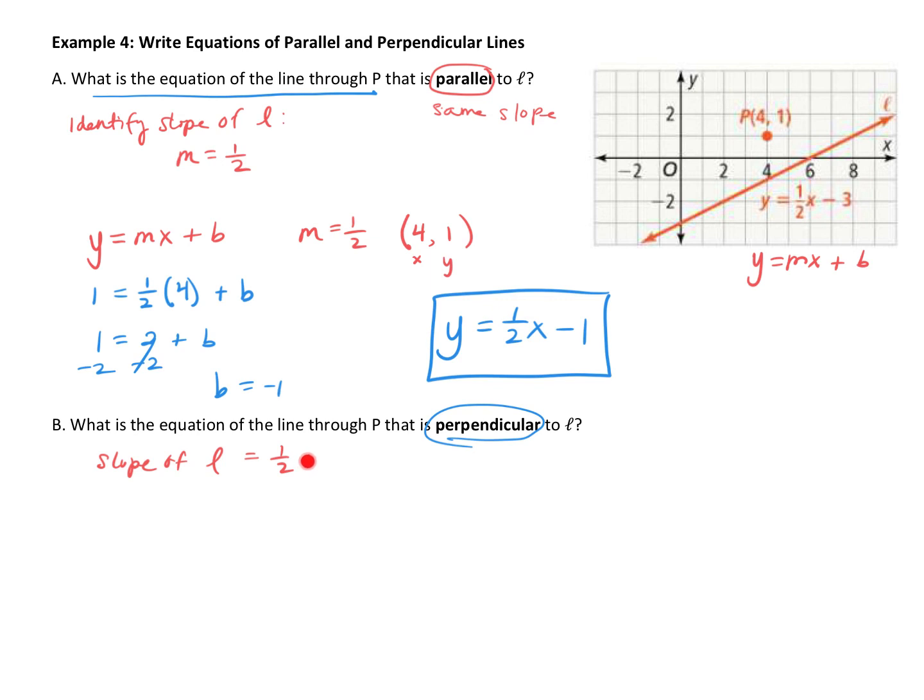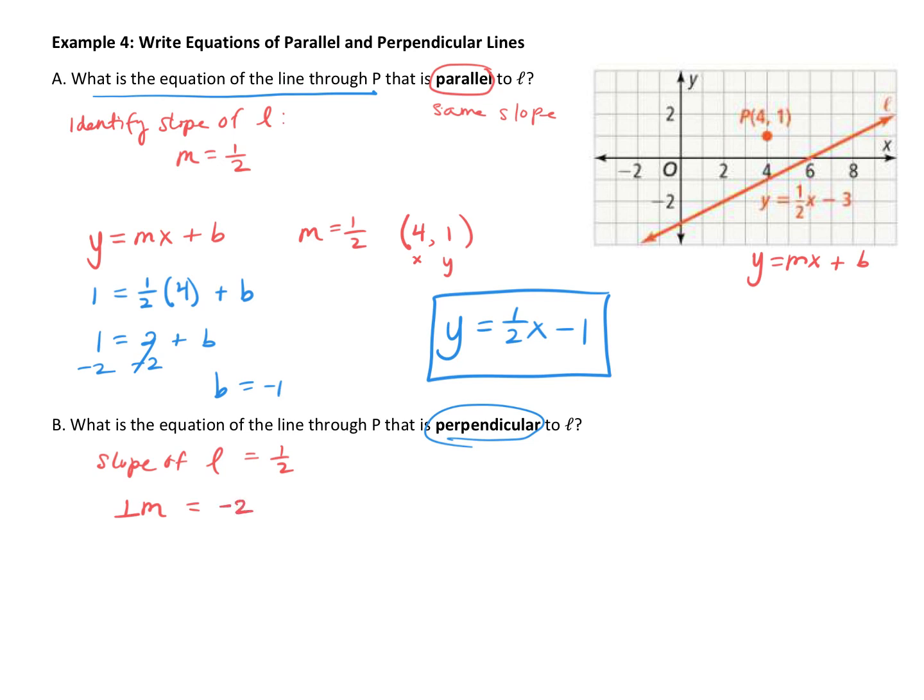So 1/2 times what value would get us to a -1? You guys have probably heard of opposite reciprocal before. So a perpendicular slope, that's my symbol for perpendicular, is the opposite reciprocal of the slope we're given. So if I take that 1/2, I flip it and change the sign, I get a slope of -2.